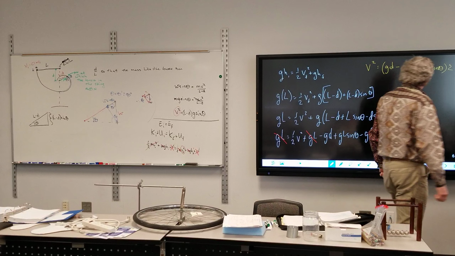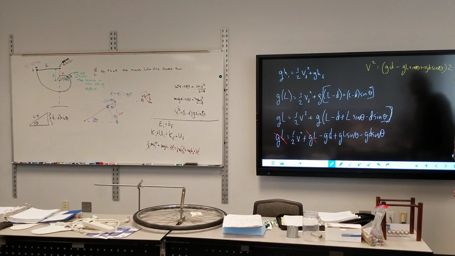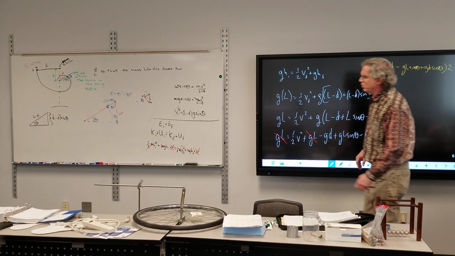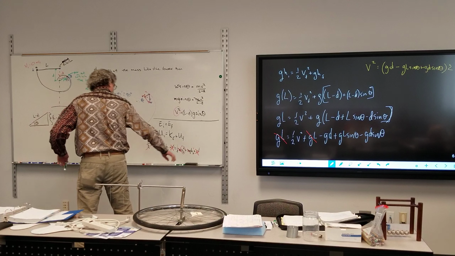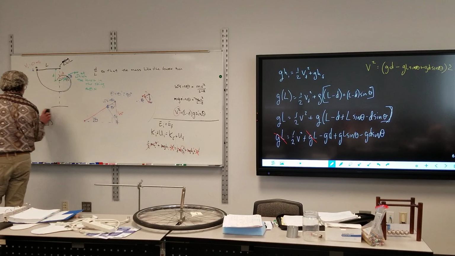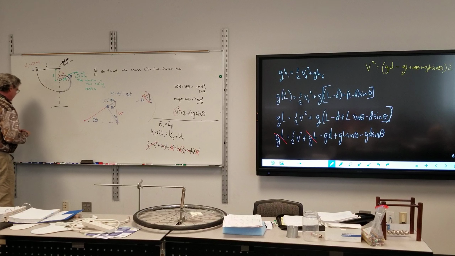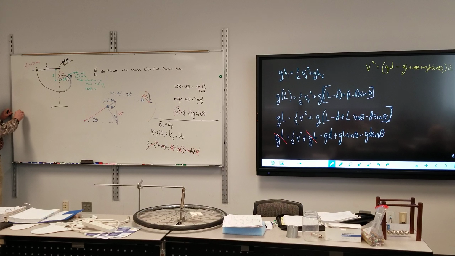All right, so we got v squared and v squared, let's see, probably want to use this board. So let's write down what we have so far. So v squared equals L minus D, g sine theta.